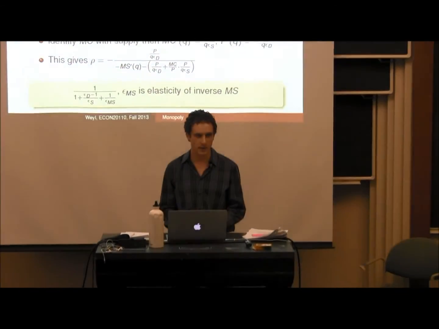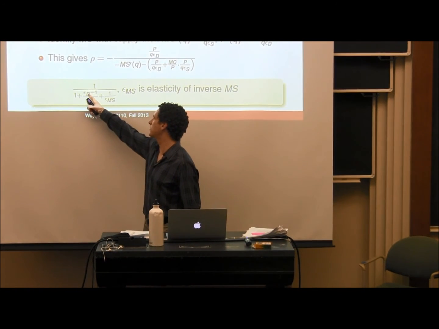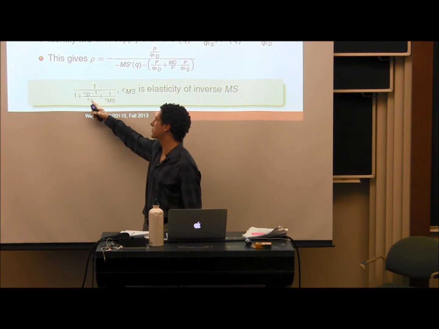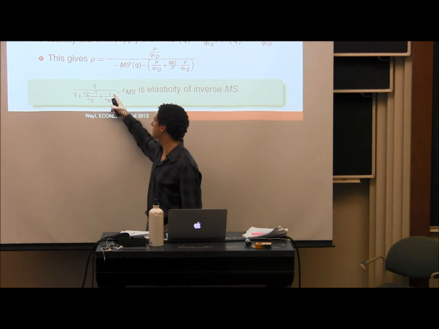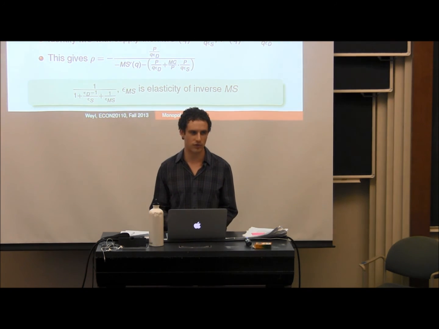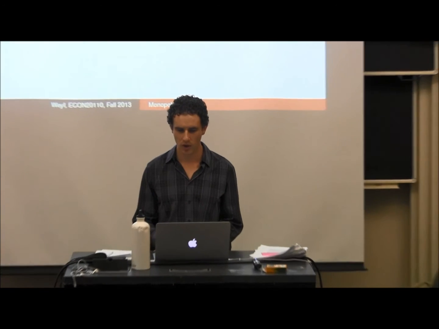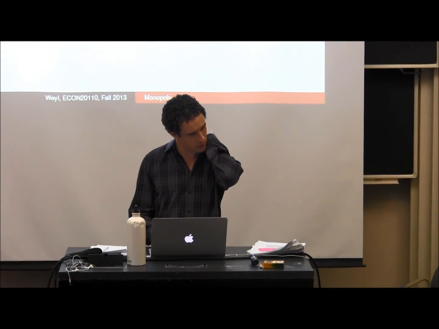Now this is basically similar to what we saw before. There's still 1 plus the elasticity of demand divided by the elasticity of supply. There's a negative 1 in here, which is not all that important. But the key new term is the 1 over the elasticity of the marginal surplus function. So the question is, how should we interpret this elasticity of the marginal surplus function?